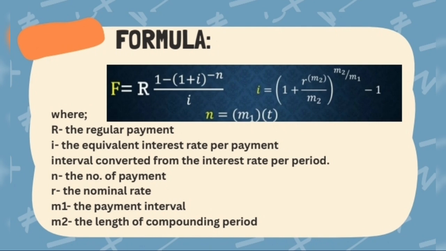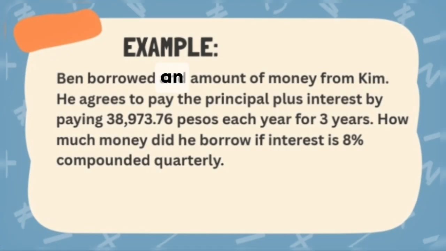While this i represents the interval payment or the equivalent interest, and the n is the number of payments. So we cannot get the values without first getting the i and the n formulas. So let's proceed to this example.